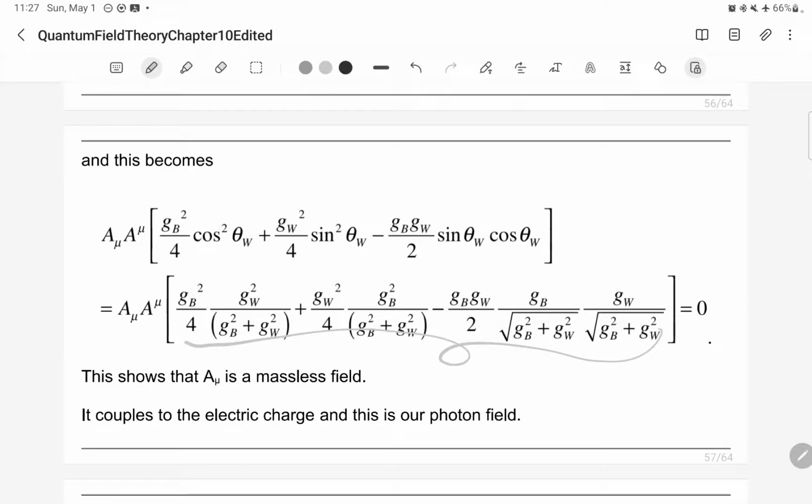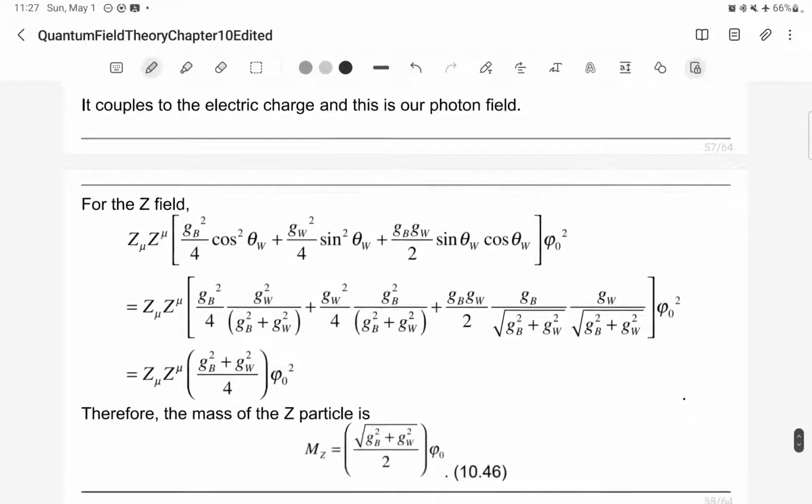This quantity here will now be 0, and so therefore your A mu would be a massless field. So in this case, this would have to be your photon field.